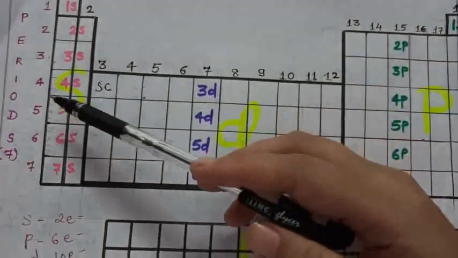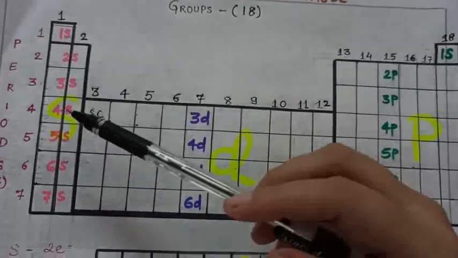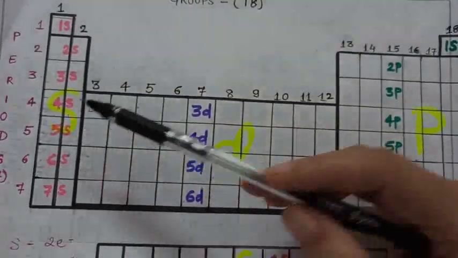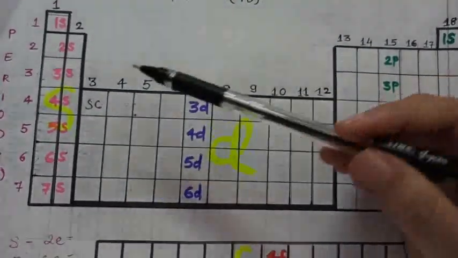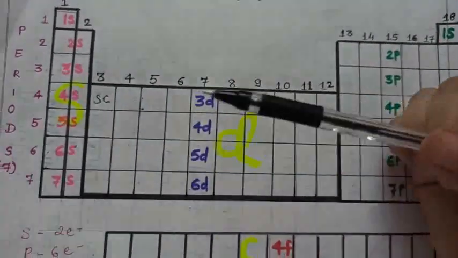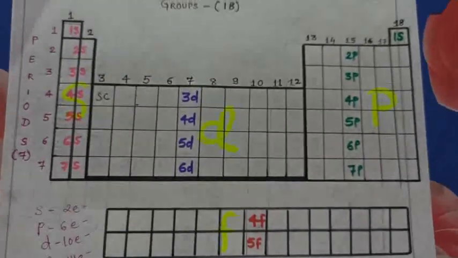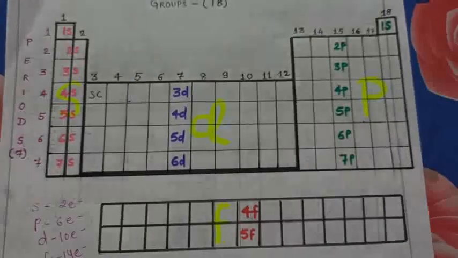From here onwards things gradually change. From this diagram you can verify that before 3d, 4s is filled; before 4d, 5s is filled; before 5d, 6s is filled; and before 6d, 7s is filled. This is how the periodic table helps us understand the position of elements and blocks.